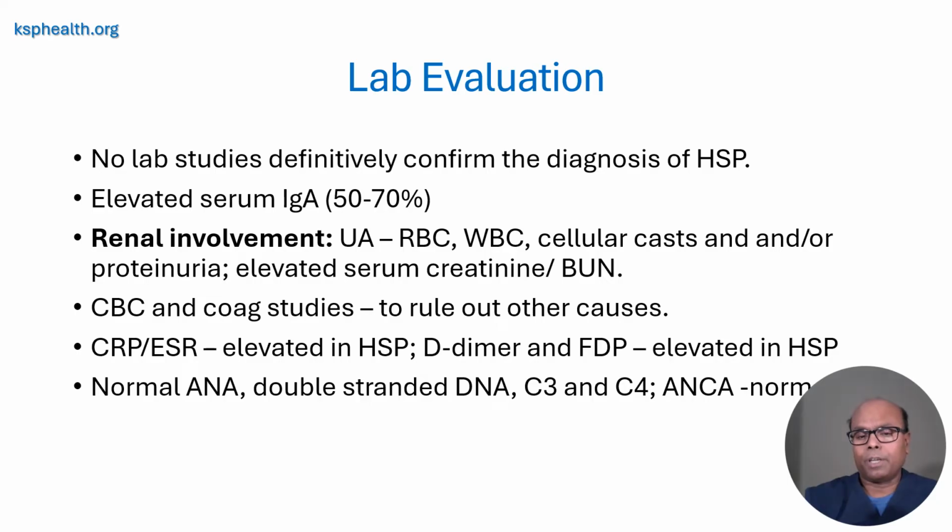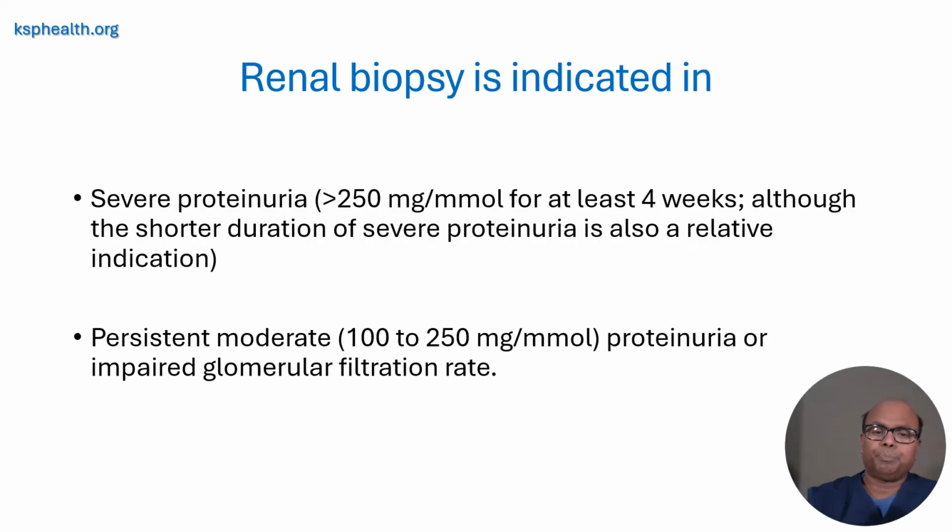CBC and coags are often done to rule out other causes. CRP, sed rate, D-dimer, and fibrinogen are often elevated in patients with HSP, but they always have normal ANA, double-stranded DNA, C3, C4, and ANCA. Those are all invariably normal in patients with HSP.